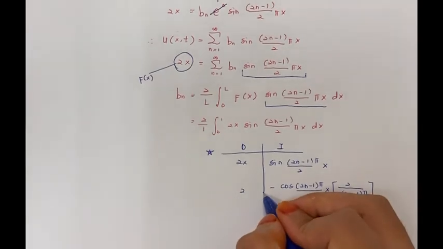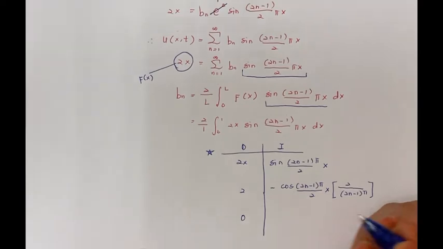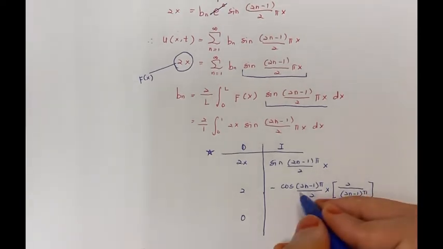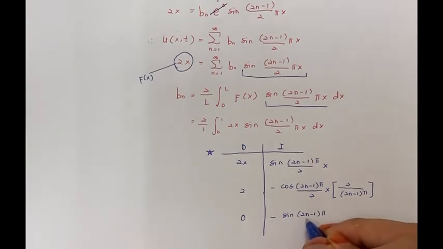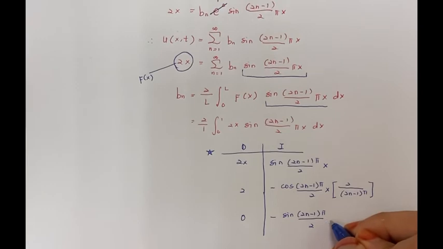Then differentiate 2, you get 0. Integrate again, you have negative sine of (2n minus 1) pi over 2 x multiplied with 4 over (2n minus 1) squared pi squared.